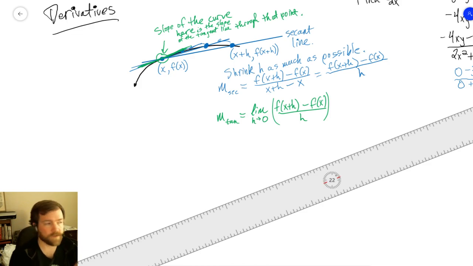And for different types of functions, this becomes really easy in order to figure out what the slope of that curve is going to be.